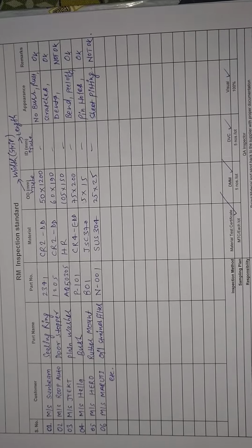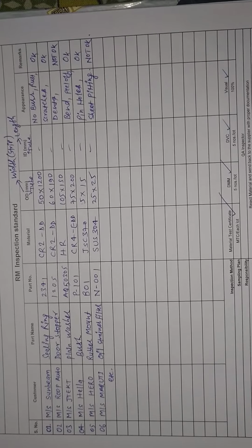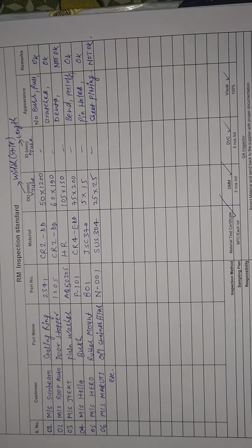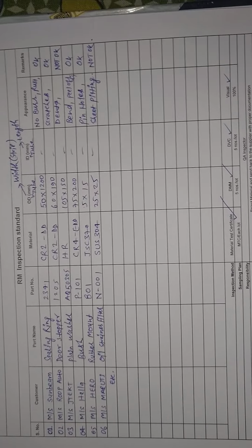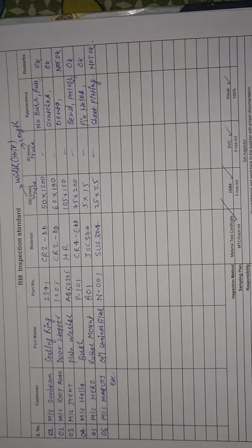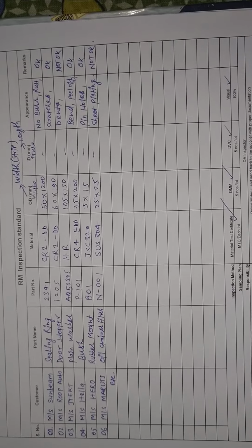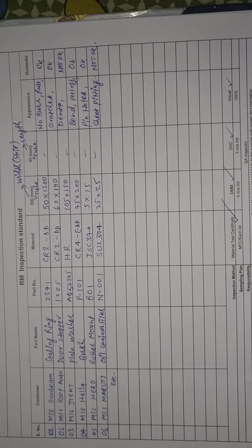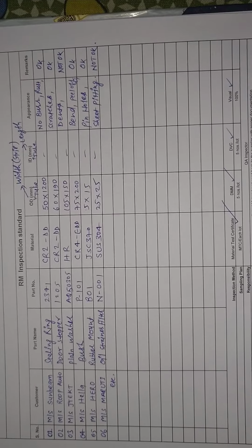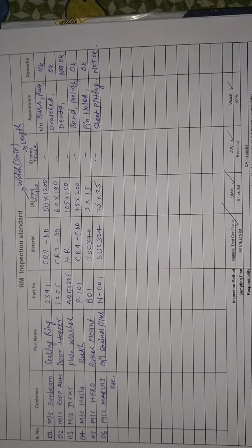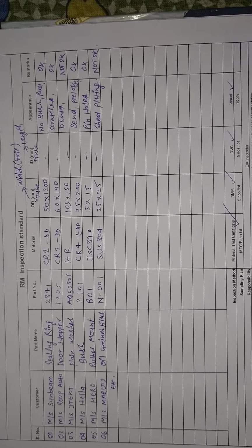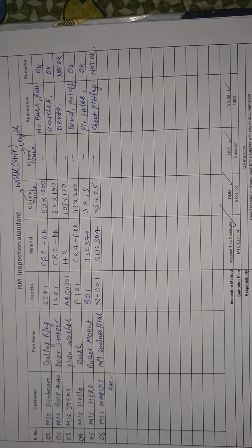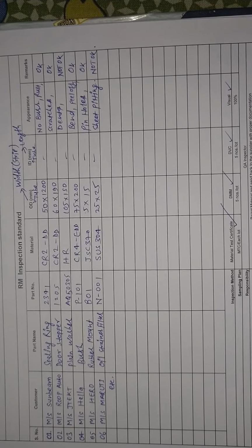OD is basically for tubular parts, like cylindrical parts, and if there are sheets, then you can tell the same thing about the width of a strip, and the ID, that is the inner diameter, and for that you can say length, height, whatever. So I have mentioned the dimensions like 50 by 1200, 60 by 190, and this is the list of things that you can give as per your part's requirement.